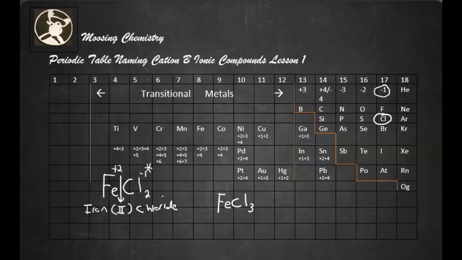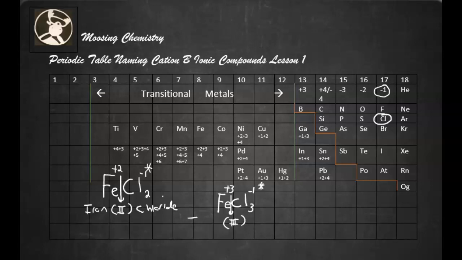FeCl3. Chlorine is still in group 17. It has a -1 charge, so we put a -1 there. And don't forget we have the asterisk here. So 3 times -1 is -3. The anion determines the cation. The cation determines the stock number. In this case, we're going to have Roman numeral 3, right?